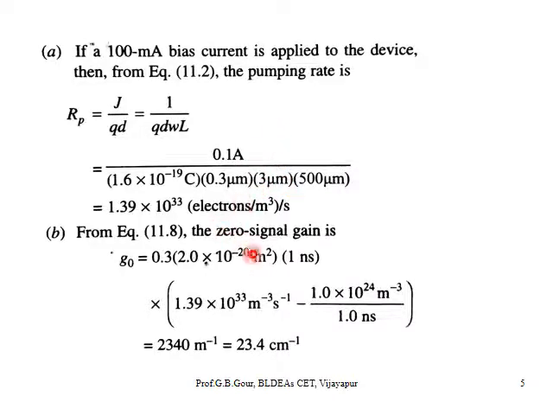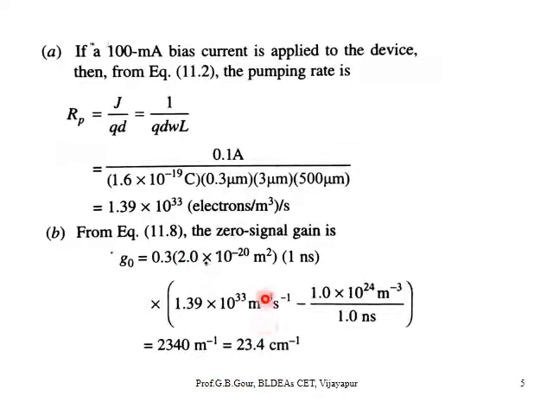Next it is also asking you to find the gain with zero optical signal, also known as the zero signal gain. Use the formula and substitute the values here.